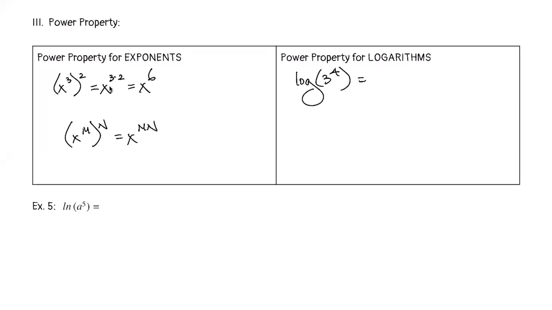And then I want you to try this. I want you to try typing in 4 times log 3. And if you've put your parentheses in the right places, you should get that these two are equal to each other, okay?